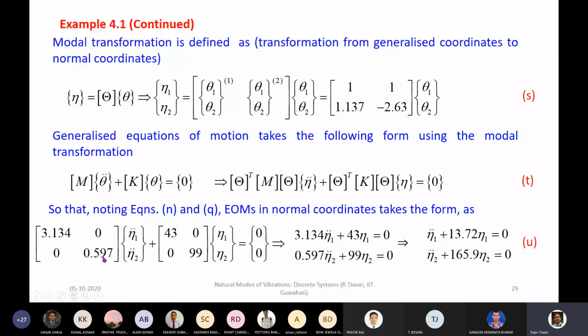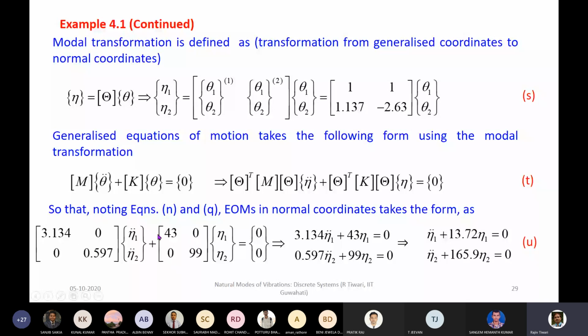In the previous case, when we used the general eigen model matrix, we got M11, M12 like this, and K11, K22 like this. So you can see that in this equation of motion, earlier the mass matrix was coupled, now it is uncoupled. The stiffness matrix was uncoupled, and still it is uncoupled.